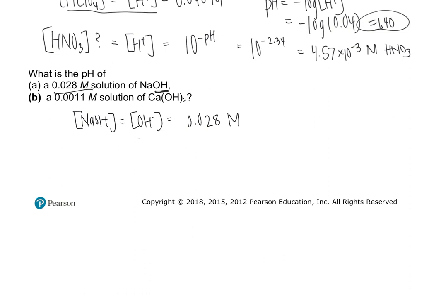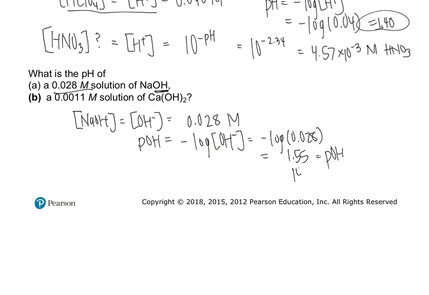So pOH equals negative log of the OH, which equals negative log of 0.028 molar. That gives me a value of 1.55 for pOH. Then 14 minus pOH equals pH. So I'll do 14 minus that answer, and I get a pH equal to 12.45.